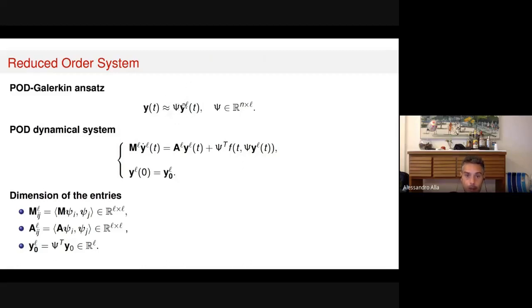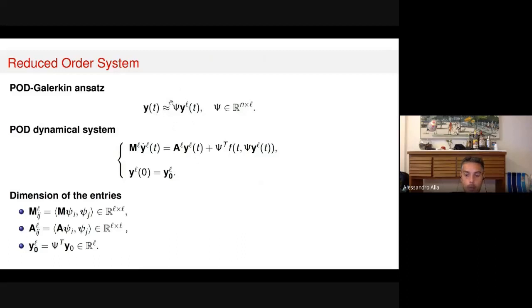The dimension of the basis here is L, which is hopefully way smaller than the dimension N of the original problem. If we use the orthonormality of the basis, we get a low dimensional ODE. Now the dimension of this system is L, so we get something cheaper.